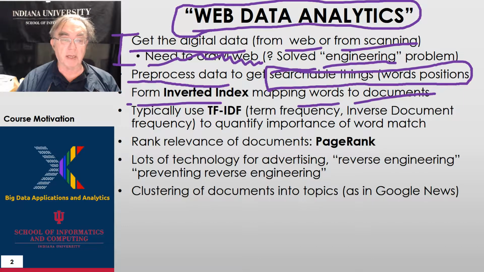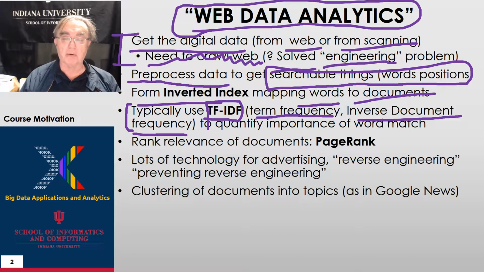You quantify the value of that word match, and that has two or three important aspects. One is the classic information retrieval thing called TF-IDF. TF is term frequency, IDF is inverse document frequency, which ranks things depending on how often a word appears and the relevance of that document. That's used to quantify the importance of the word match.